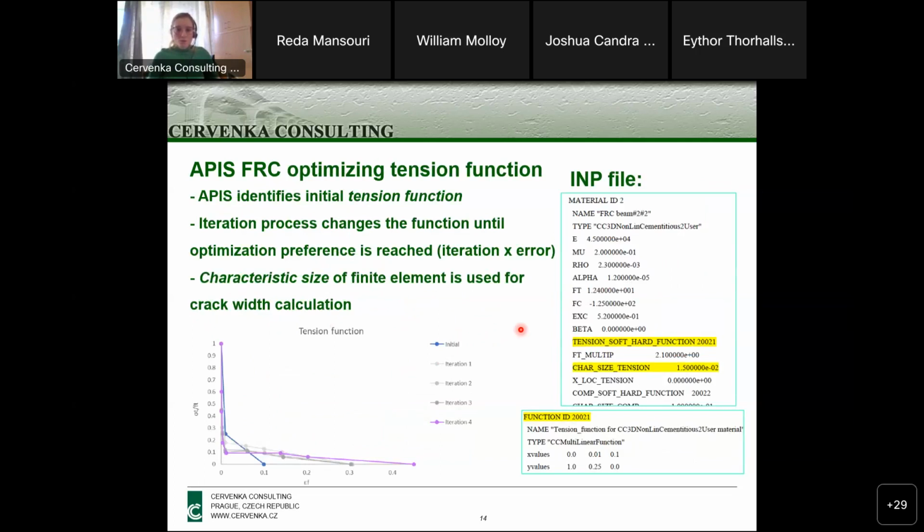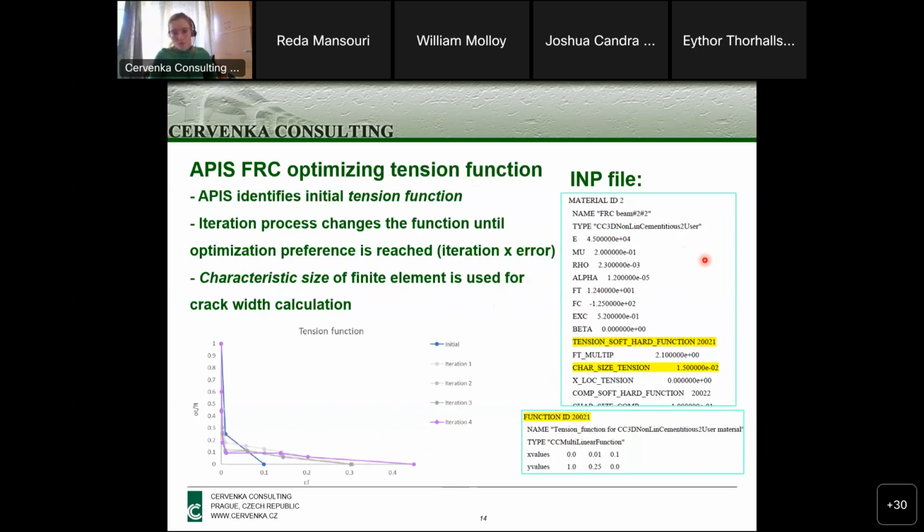The optimization that is performed in APIS FRC is optimizing the tension function. The initial tension function you can find in your input file when you create the ATENA model.